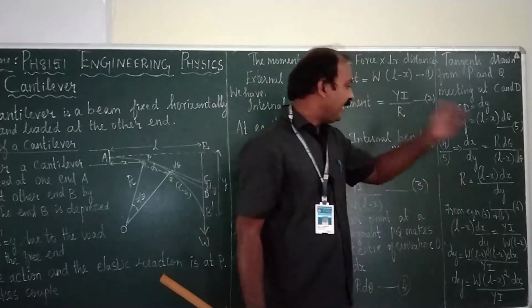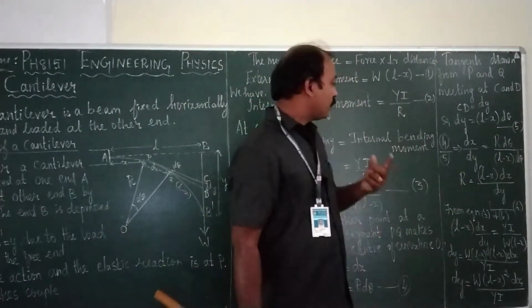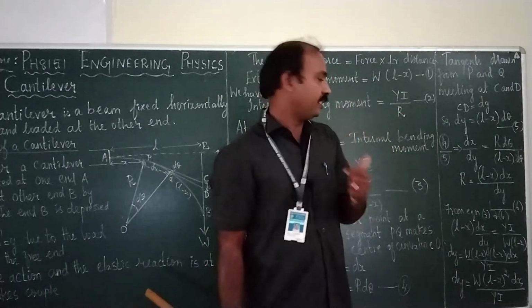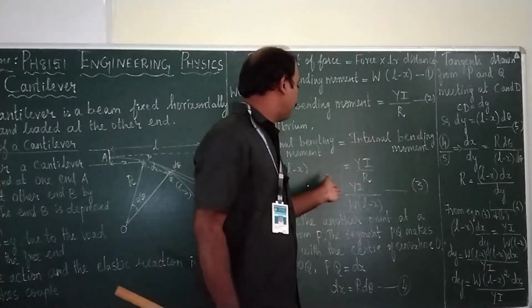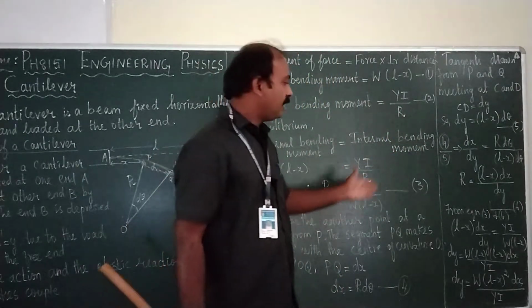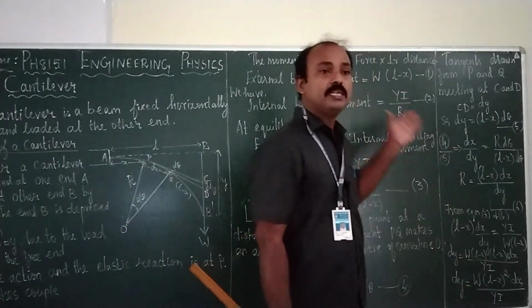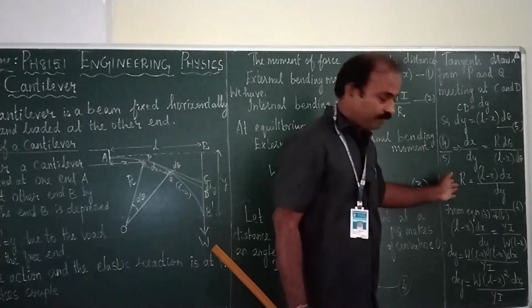So once again the radius of curvature is obtained from this equation. So we have two radius of curvature equations. As per the equilibrium concept, we derived one radius of curvature. Then as per the deflection made on this particular cantilever, once again the R value is obtained.